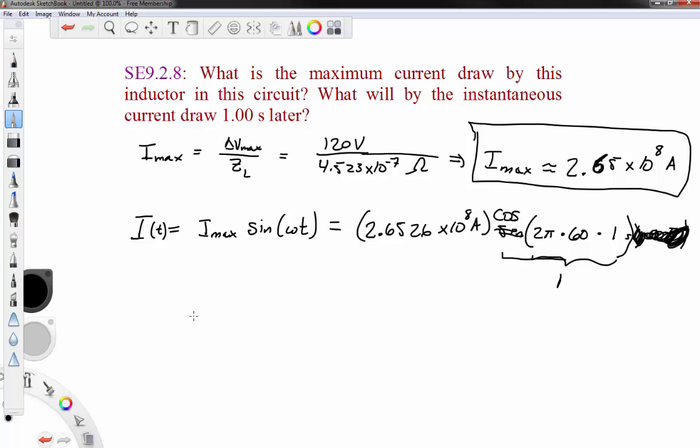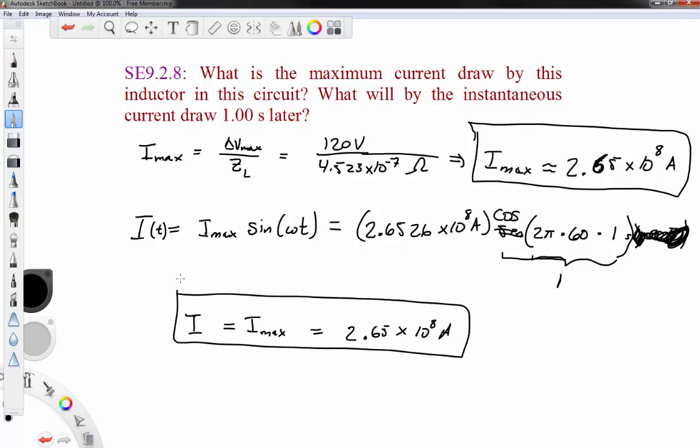And so the instantaneous current is in fact equal to the maximum current at that time, or 2.65 times 10 to the 8 amps. That is because we are through an integer increment of pi's cycles at this point in time.